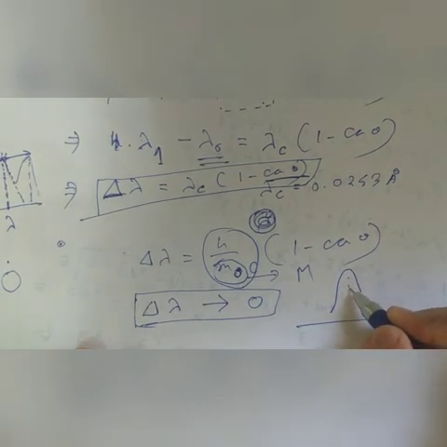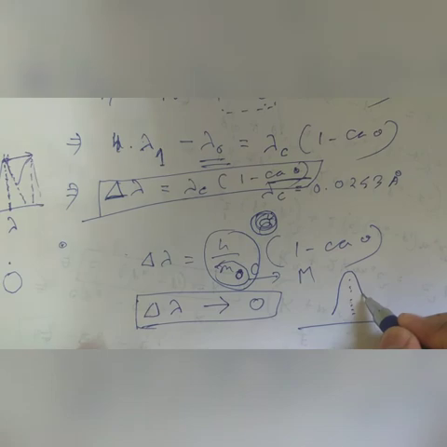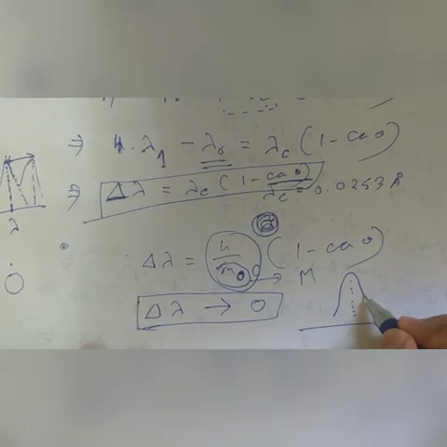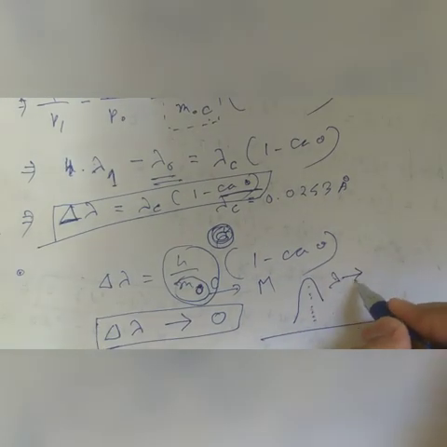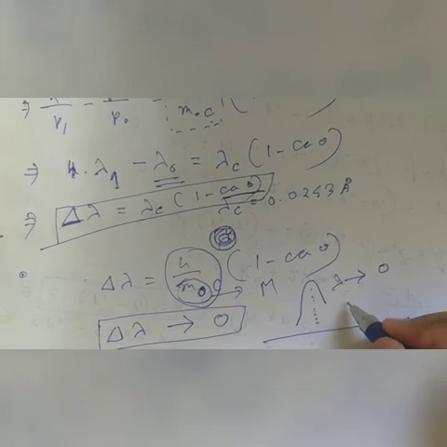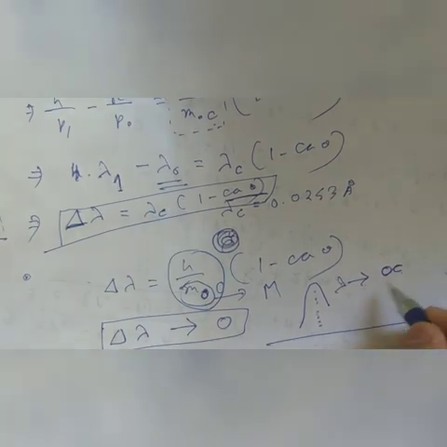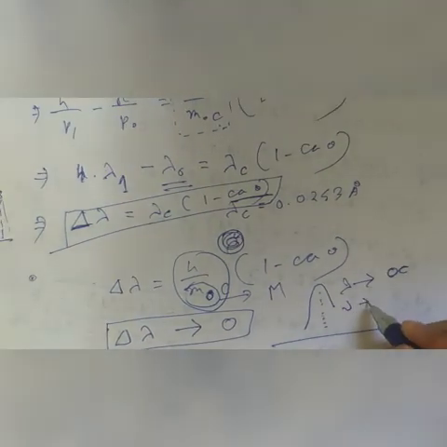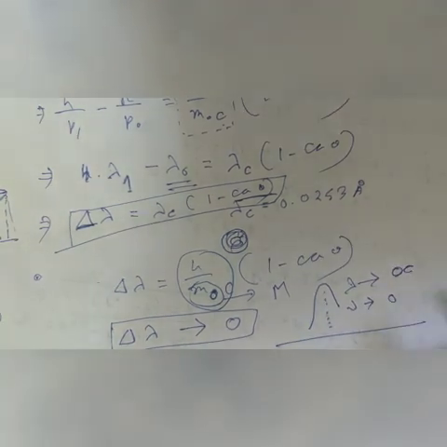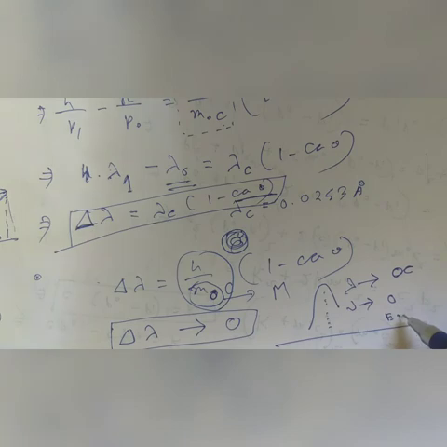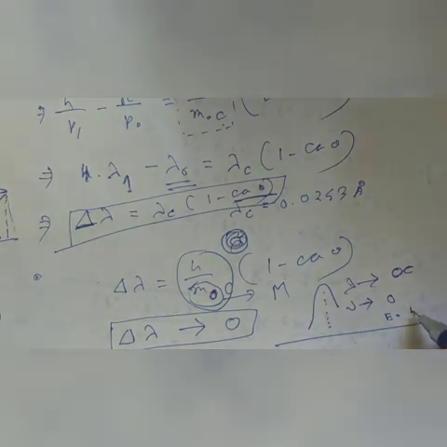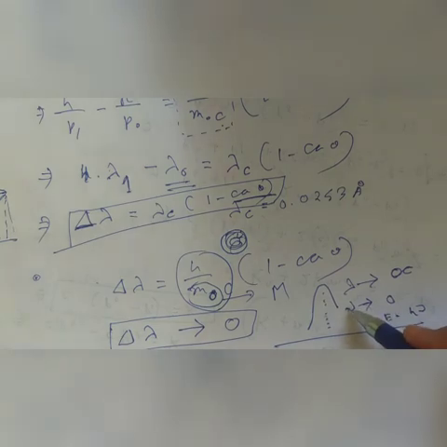That is the case of Rayleigh scattering. In the case where lambda goes to infinity, that is nu goes to 0, meaning the energy becomes very low, electrons are not free for low energy photons.